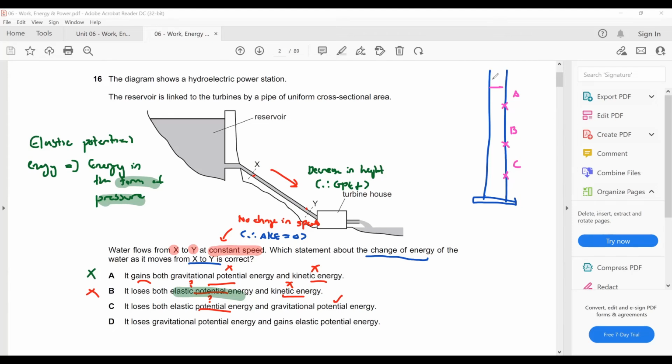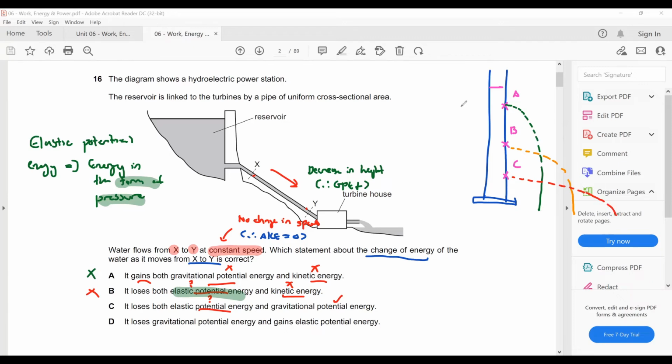Okay, but when you compare the water that shoots out from the 3 different holes, they won't be shooting in the same manner. See, the hole from A would have water shooting out like this. The water from B would be shooting out like this. And then the water from C will be shooting out like this.